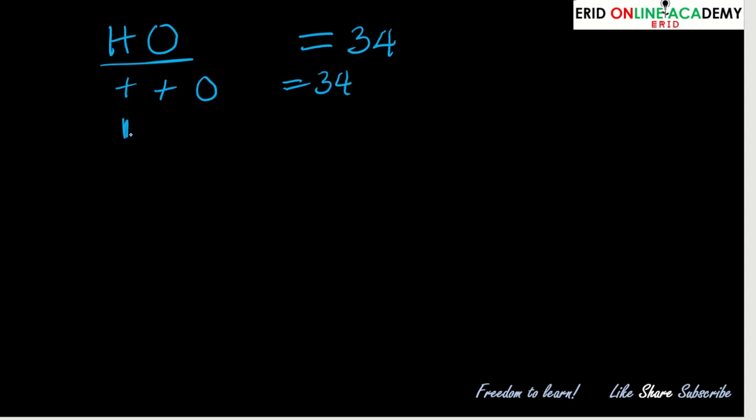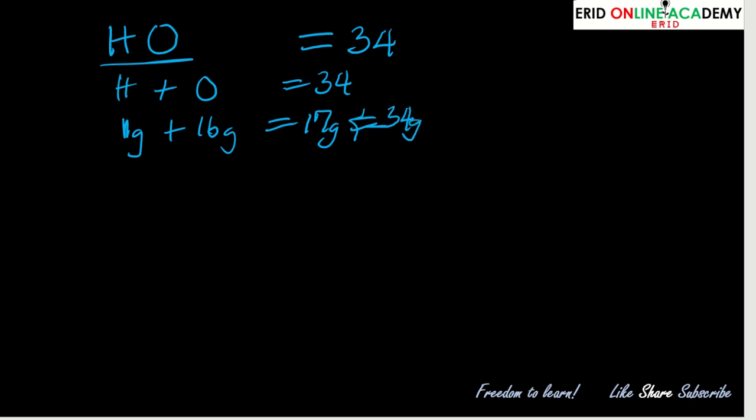Hydrogen is 1 gram, oxygen is 16 grams. So adding the two together will give us 17 grams, which is not equal to 34 grams. So what is the implication of this?